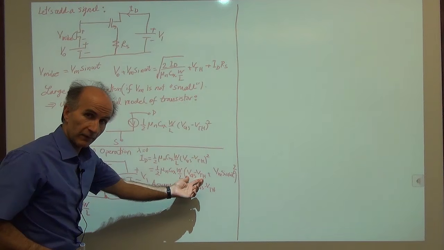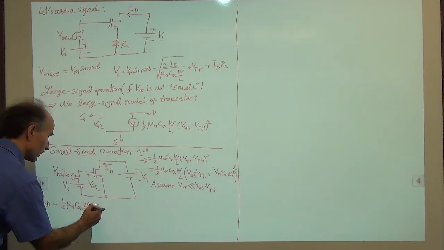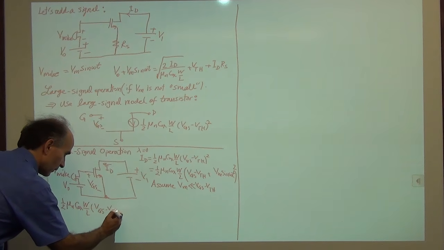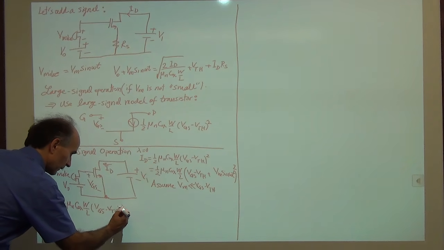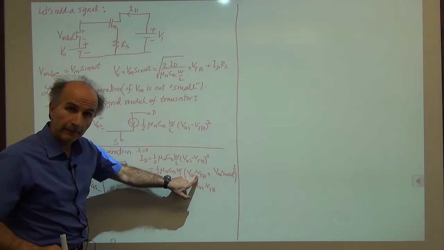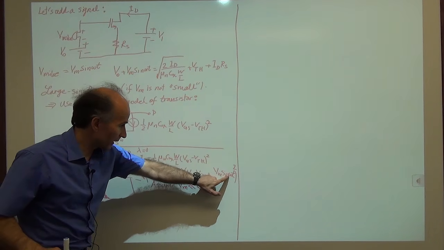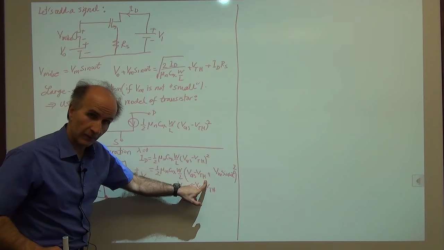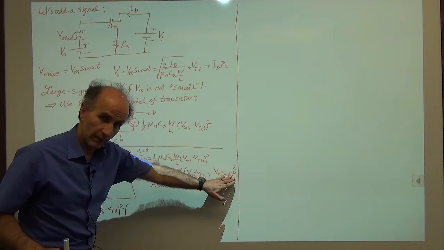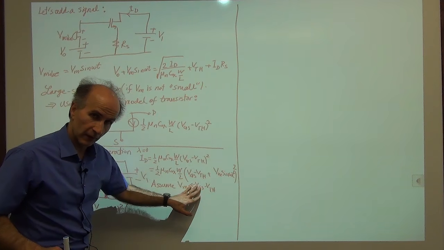So what I get is VGS minus VTH squared. And then what remains inside here is 1 plus Vm sine of omega t divided by VGS minus VTH.